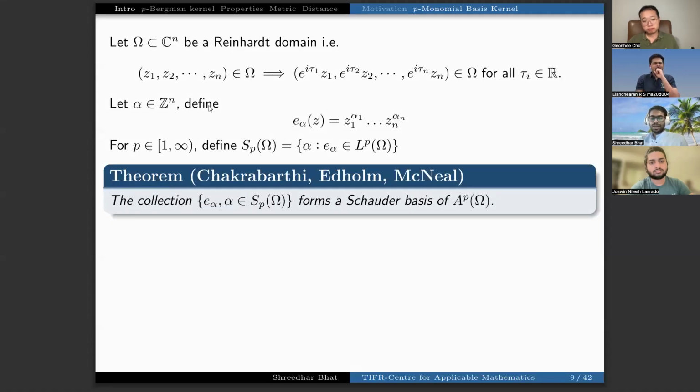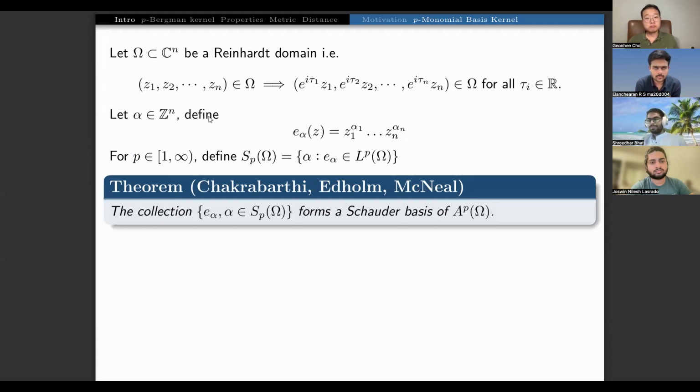Now, in general, it is not known if any Banach space has a Schauder basis. But if you restrict yourself to some nice domains, then you can show that it has a Schauder basis. In case you look at a Reinhardt domain, what do I mean by Reinhardt domain? If some point z1, z2, ..., zn is in your domain omega, then the entire torus should be there.